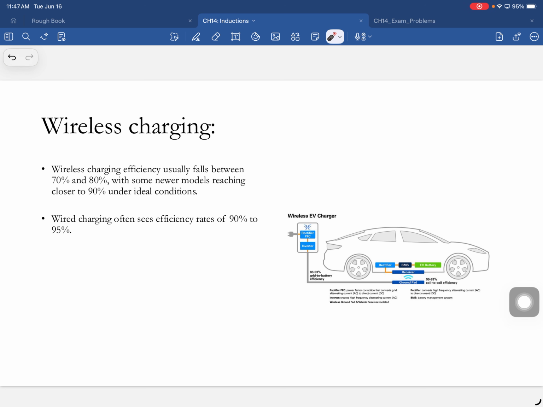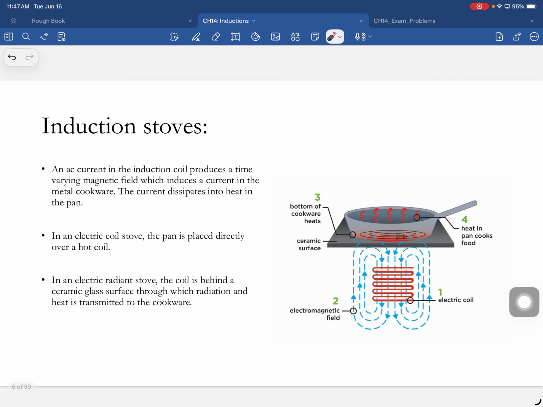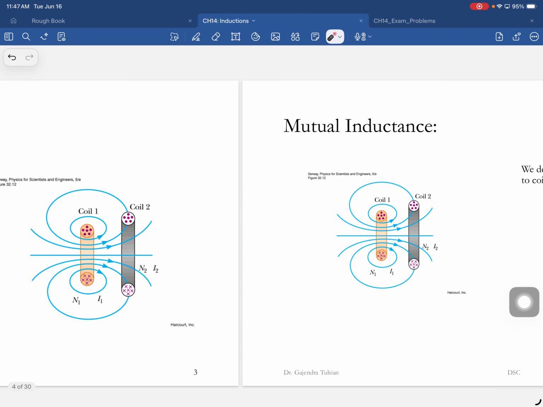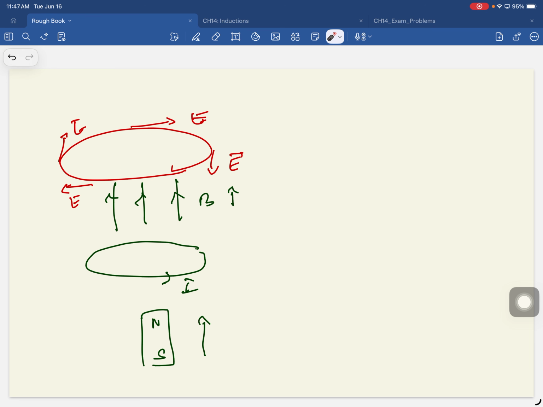So to make sure that the receiving coil is right on top of that, nowadays those phones have magnets that just align the receiving coil and the transmitting coil. You guys know what I'm talking about? Okay. All right. So again, this entire chapter is based on this equation, Faraday's law.